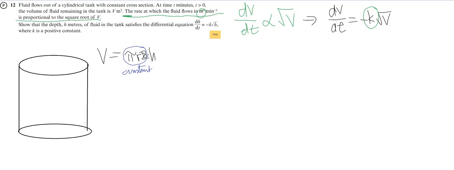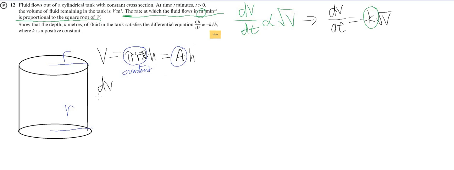R is the same all the way through our cylinder. R here is the same as R here. So to make it simpler to understand, we can rewrite this as A H, where A is just representing pi r squared. We'll look later at why that is. So now that's our constant.